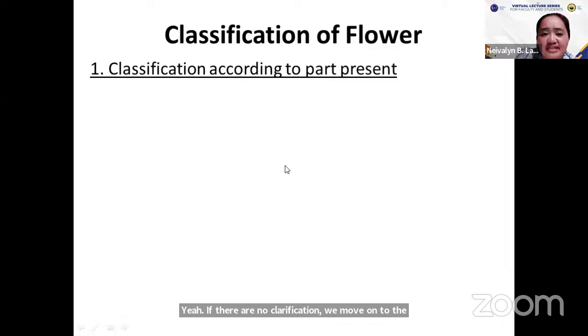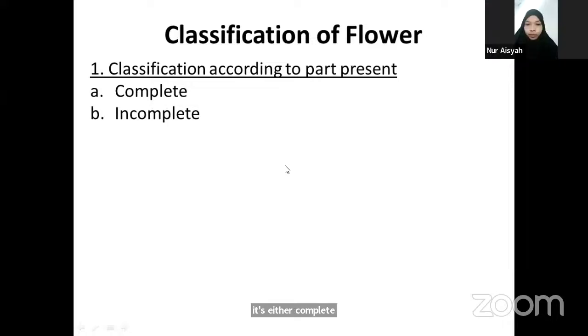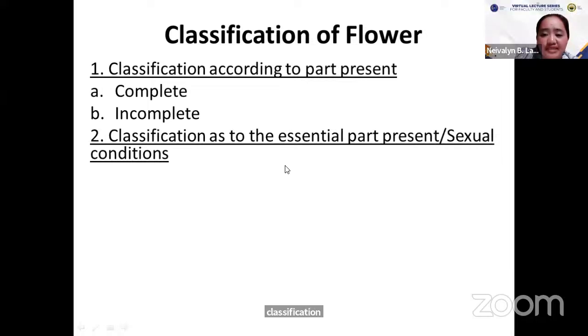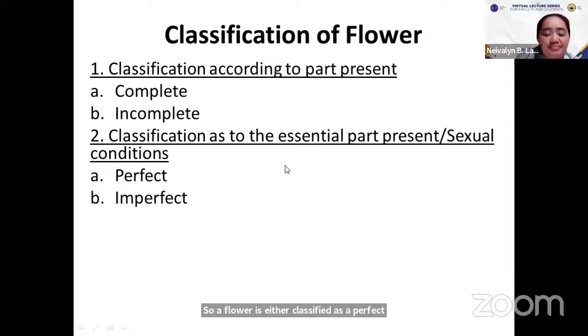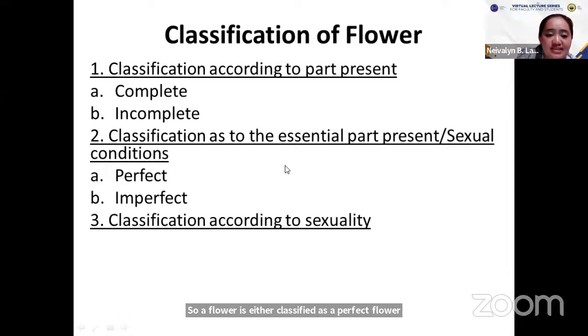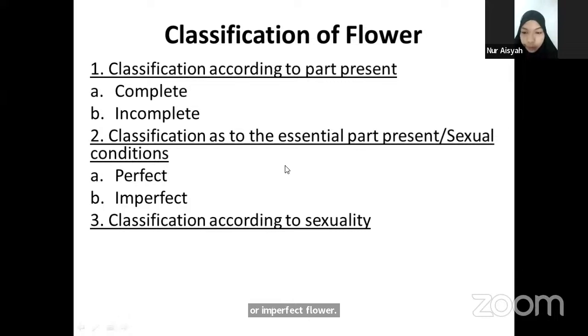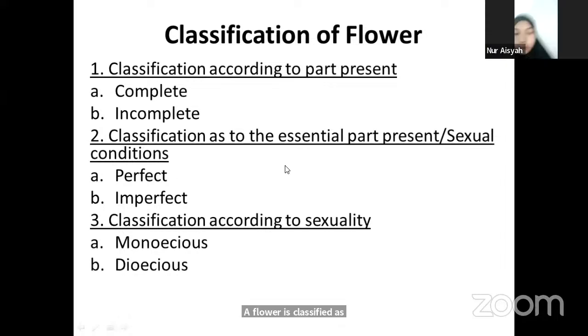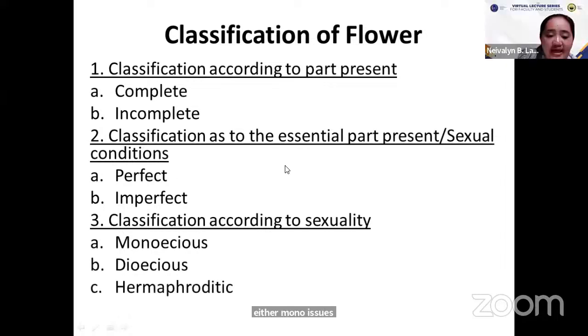Flowers are classified according to part present: either complete or incomplete. Another classification is according to the essential part present, or sexual condition: a flower is either perfect or imperfect. Next, according to sexuality, a flower is either monoecious or dioecious, and we have the hermaphroditic flower.